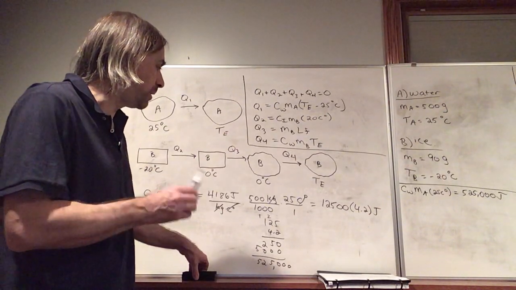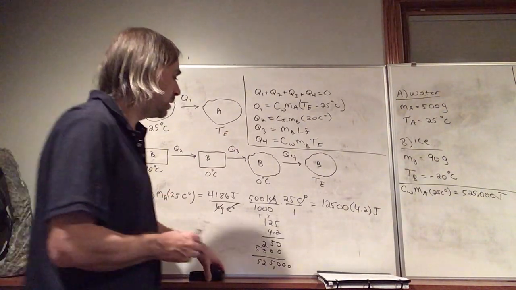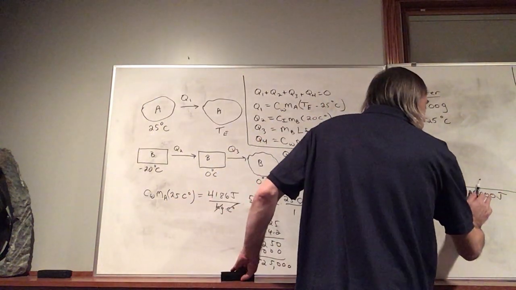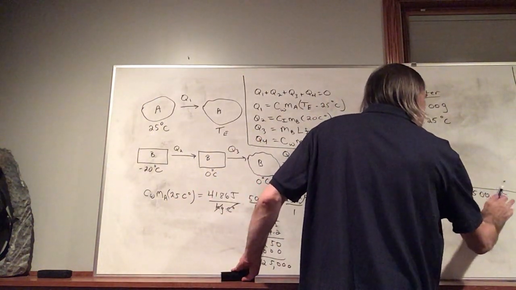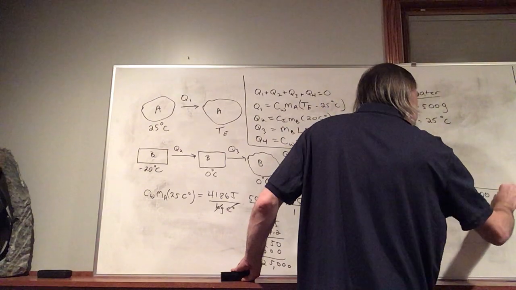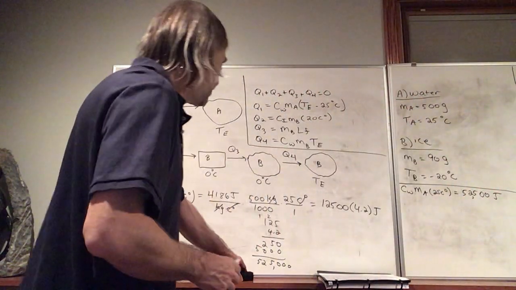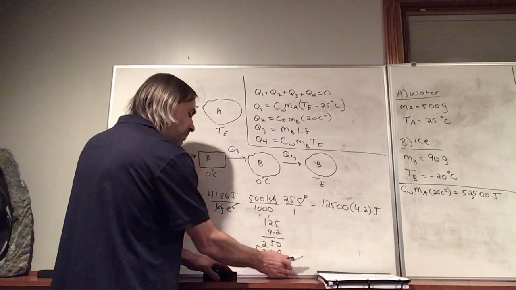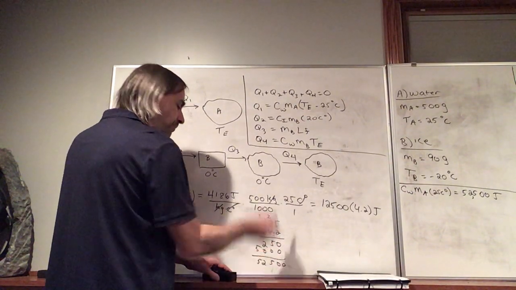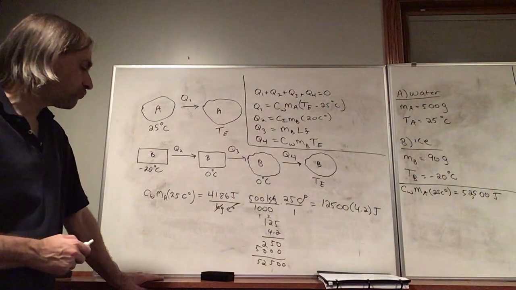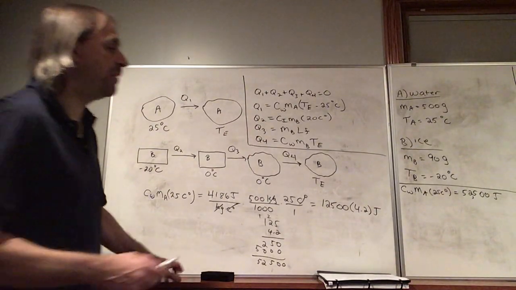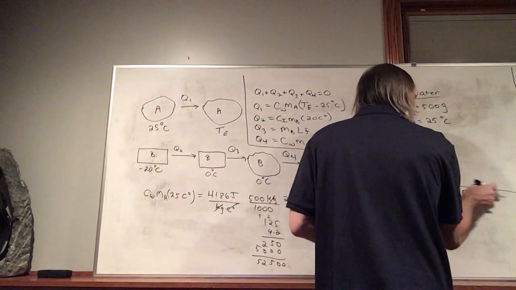Yeah, I think I actually did make a mistake. Yeah, that number was a bit too big. I forgot it was 4.2. So it's going to be around 52,500. Because of that 0.2. Okay. So I believe that number, 52,500 joules.